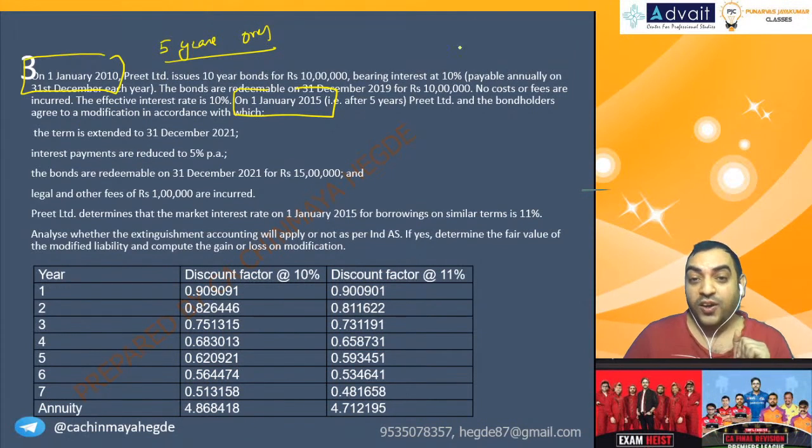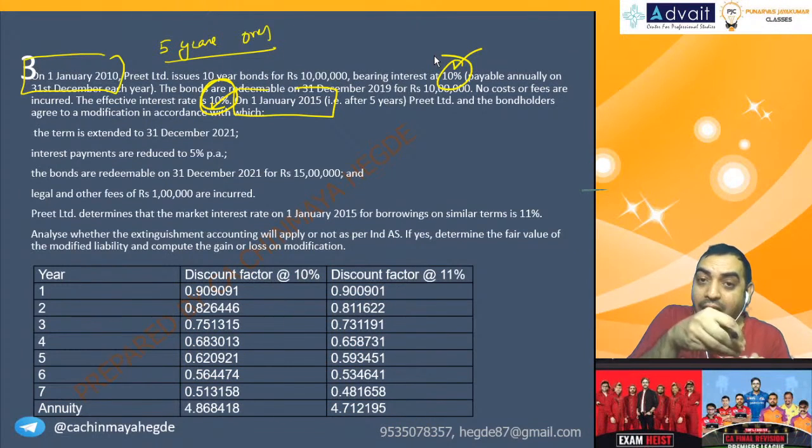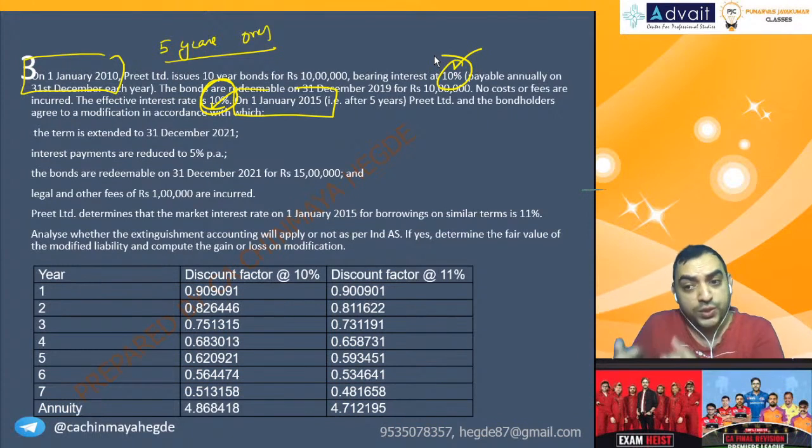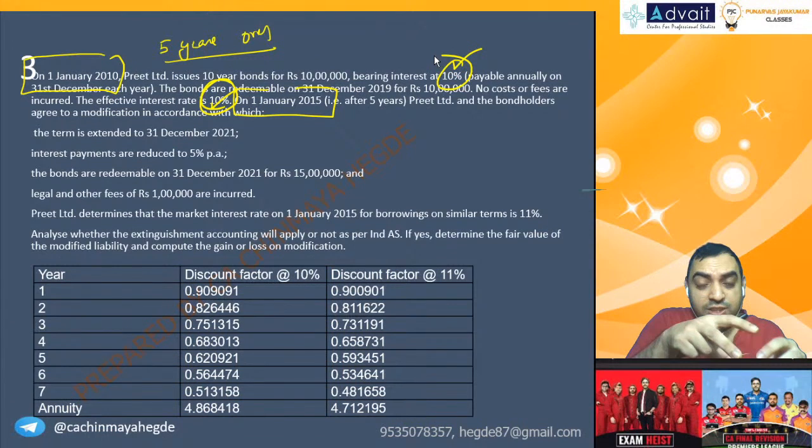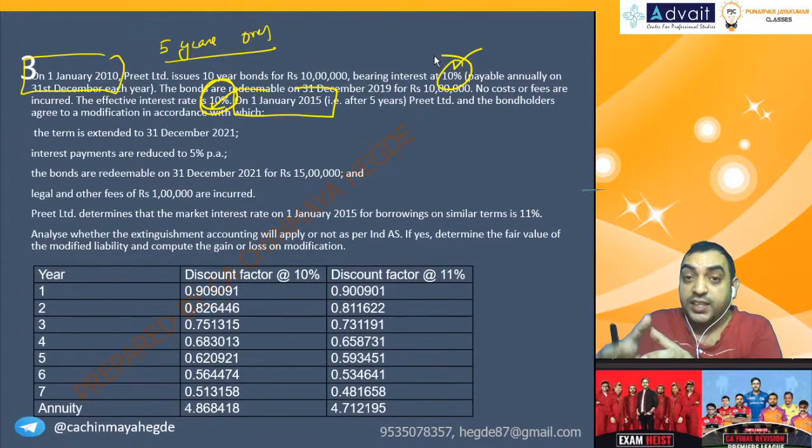Why? Because the coupon rate is 10% and the effective interest rate is also 10%. The financial charges you add are 10%, and the coupon cash flow you subtract is also 10%. 10 lakh plus 10% on account of financial charges, being the effective interest rate, minus coupon, which is again 10%.